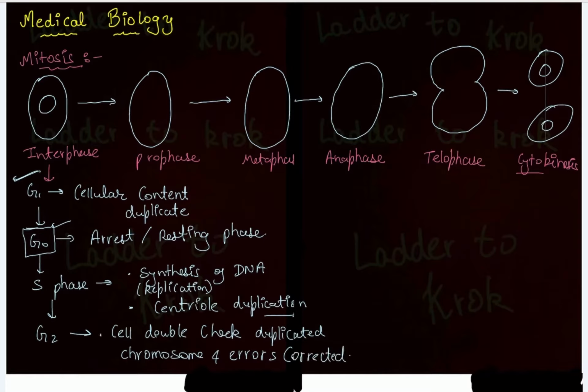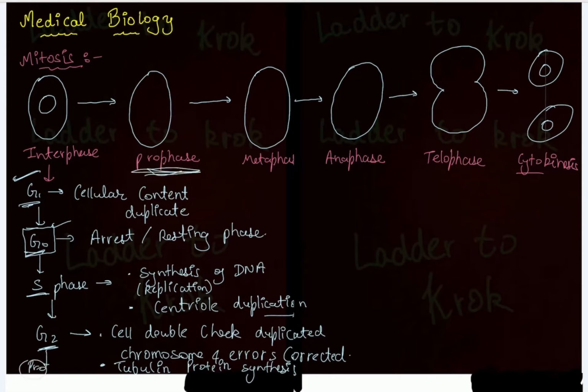One more thing, in this phase tubulin protein is synthesized. You will study about this tubulin and this centriole in the organs part, but just remember here, tubulin protein synthesis. So interphase has G1 phase, G0 phase, S phase and G2 phase. Then after this G2 we have prophase.